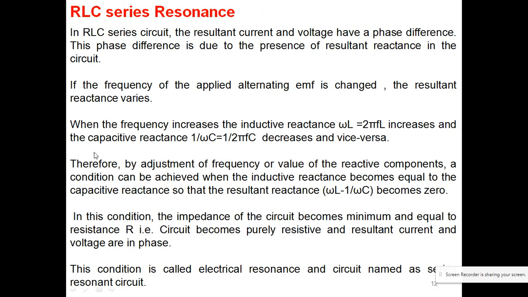It means that by adjustment of the frequency, I can change the reactance, and when I change the reactance, I can change the phase difference. So by adjustment of the frequency or the value of the reactive component, a condition can be achieved when the inductive reactance becomes equal to the capacitive reactance, so that the resultant reactance becomes equal to zero.